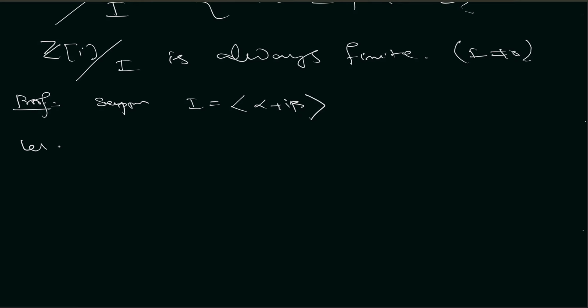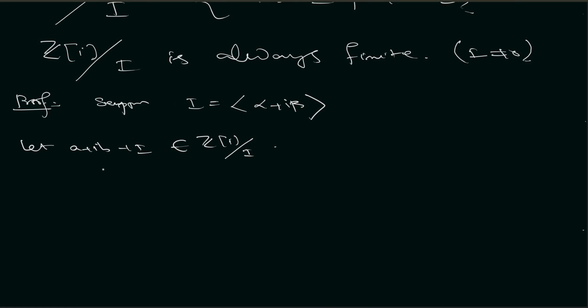So an element you can take from here. Let a plus ib plus I be a member of Z[i] mod I. Okay, this is one arbitrary element I have taken. So I can definitely apply the division algorithm because you are in a Euclidean domain.